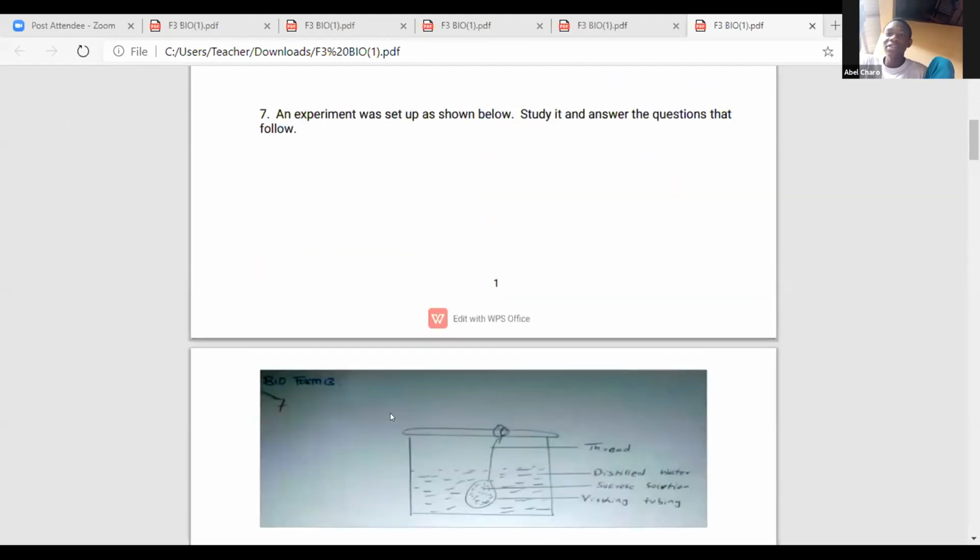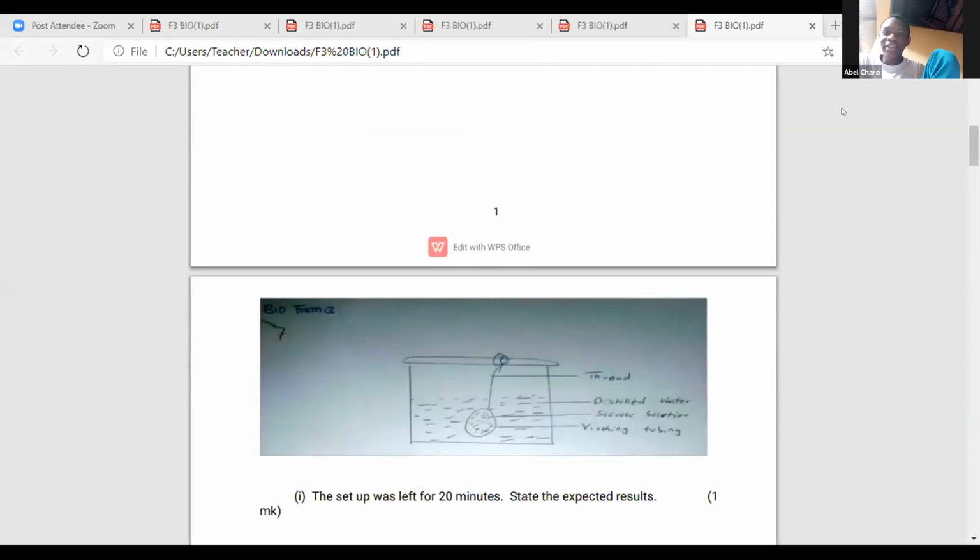An experiment was set up as below. Study it and answer the questions that follow. So the experiment is there. And then the first question, it says the setup was left for 20 minutes.